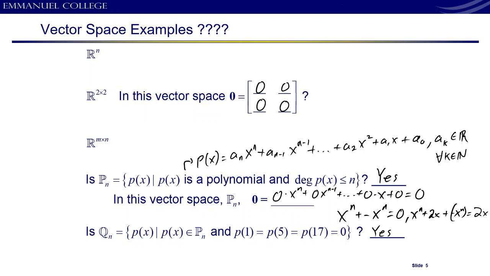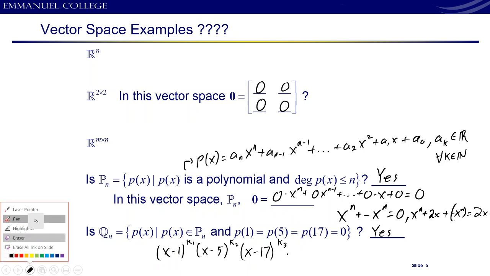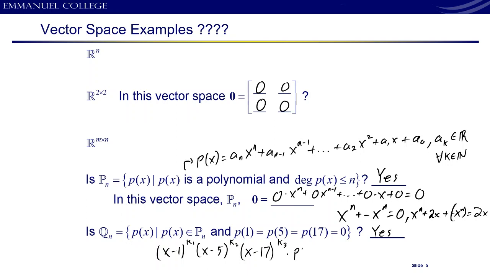Now, it doesn't say what the multiplicities have to be, but you can basically think about this as if you had x minus 1 to the k_1 times x minus 5 to the k_2, x minus 17 to the k_3, and then times some, I won't come up with a proper representation, but we'll call it p prime of x.